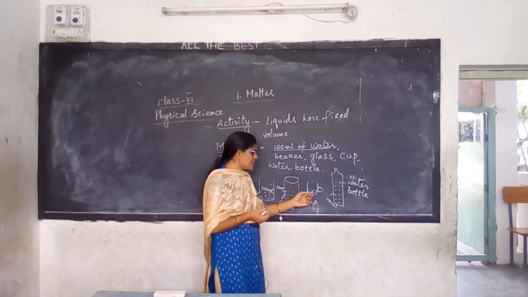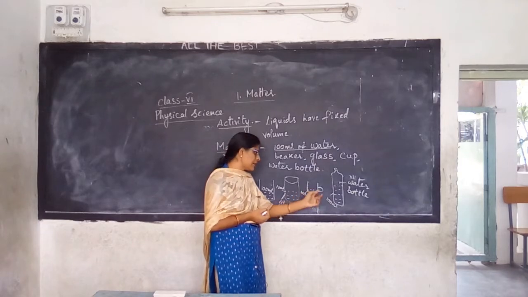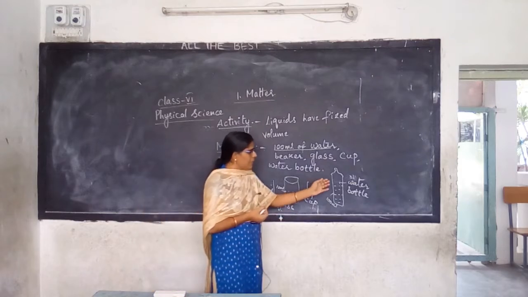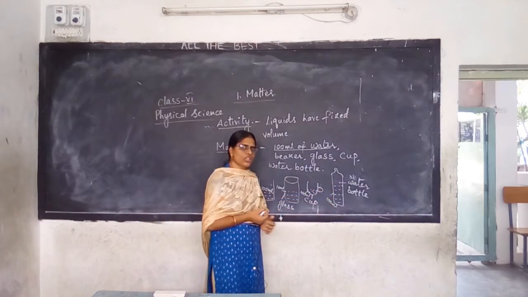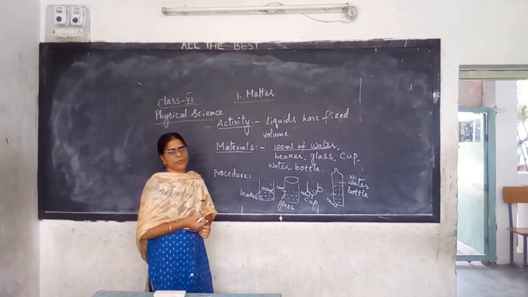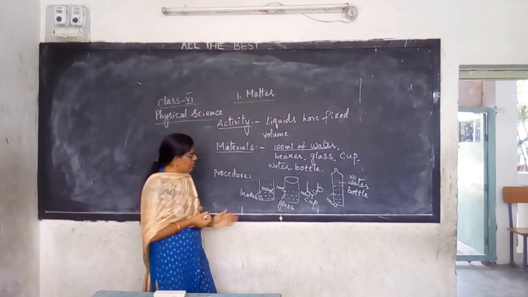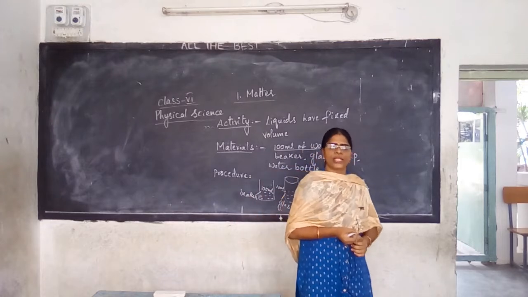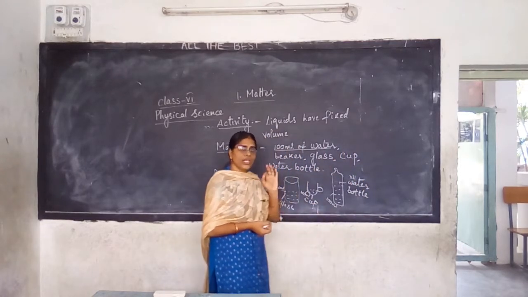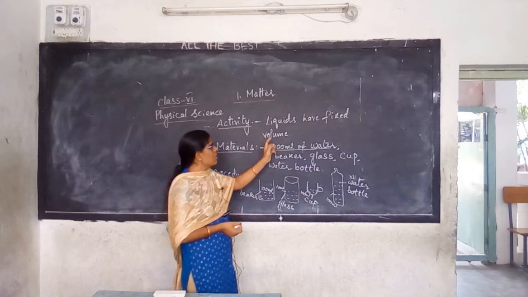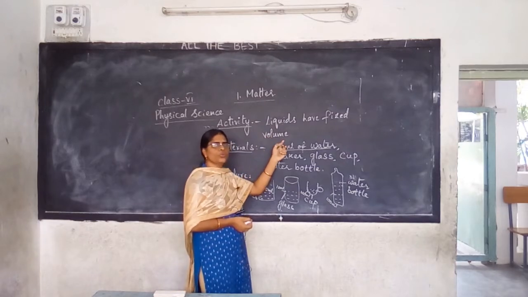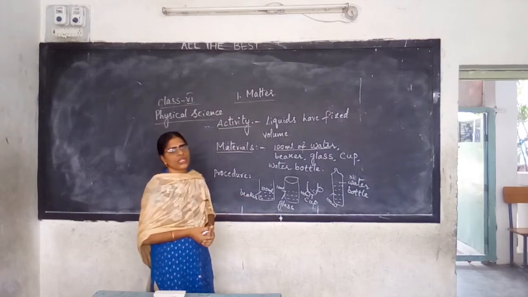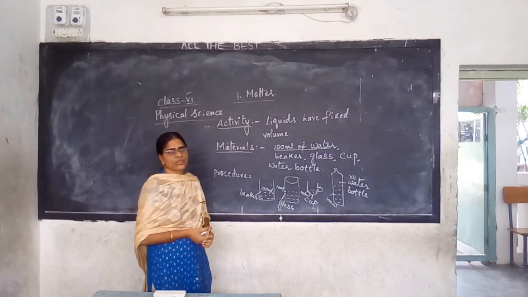When I place the same 100 ml of water in a cup, it takes the shape of the cup. When I place the same water in a water bottle, it takes the shape of the water bottle. From this activity, we conclude that liquids have fixed volume, but their shape depends on the container.